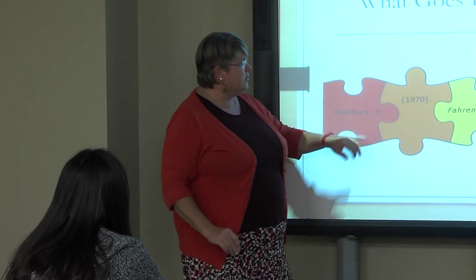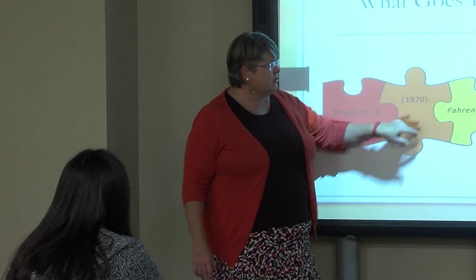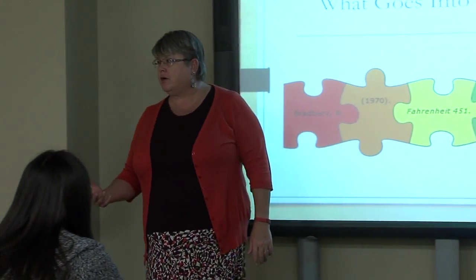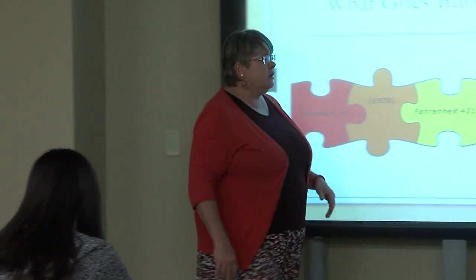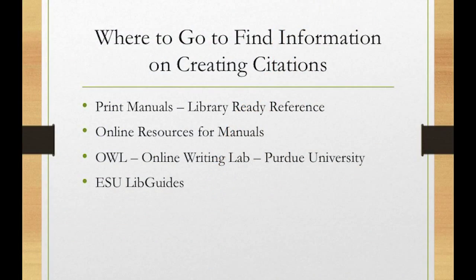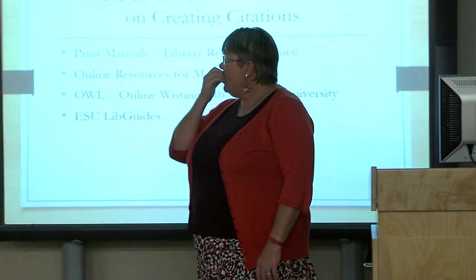We have the author, the publication date usually, the title, and then the publishing information if it's a book. If it's a journal, we'll have the journal name. So there's a variety of things that go into there. And then further along, we're going to talk about the different styles.